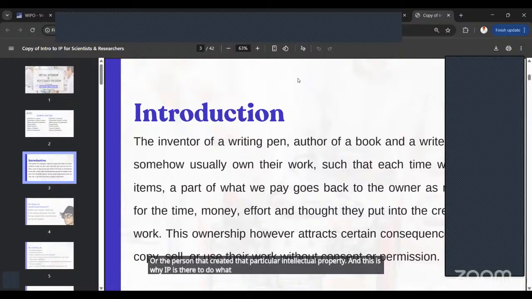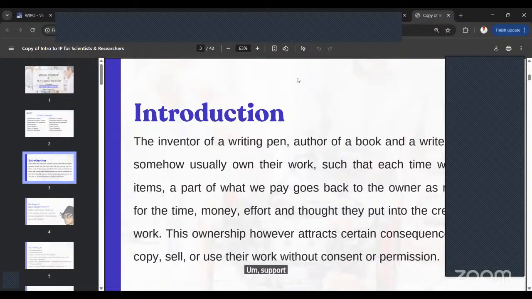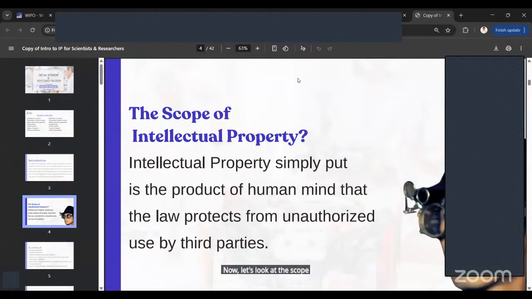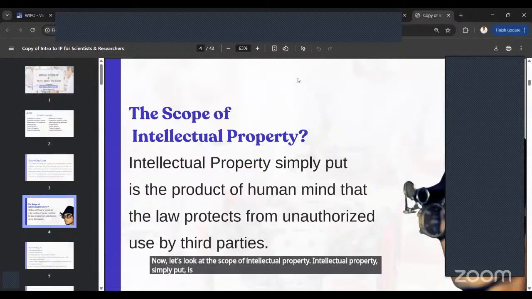To support creators, support inventors, support creatives, and also encourage them to want to do more. And whenever you use these things without their permission, there are certain consequences attached to it. Now, let's look at the scope of intellectual property. Intellectual property, simply put, is the product of the human mind that the law protects from unauthorized use by third parties.